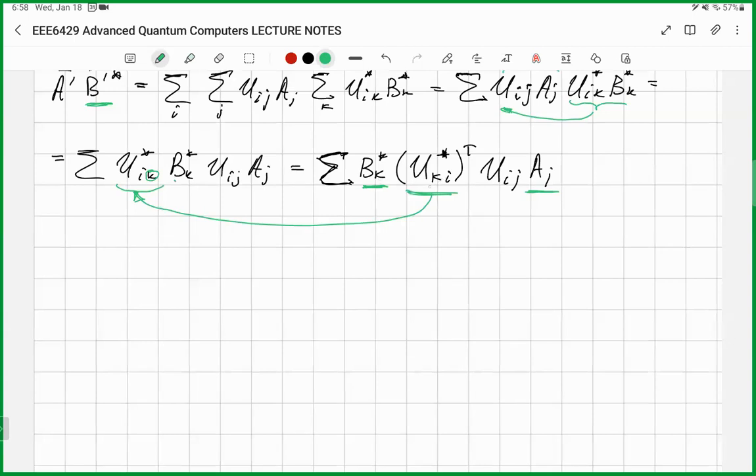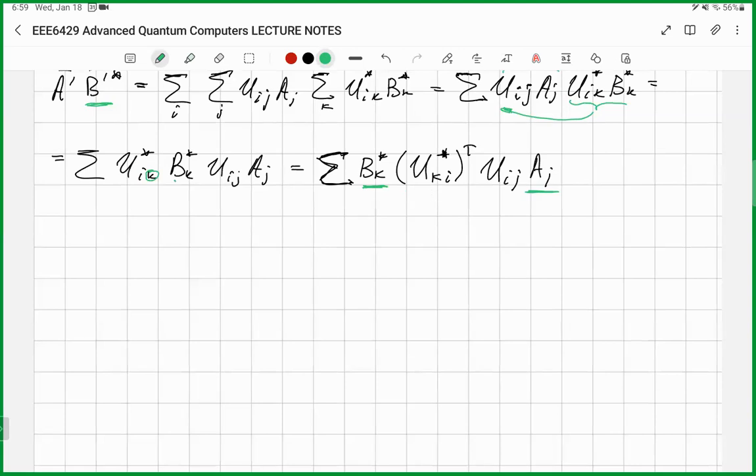So you have this k here and k here. Now this index k is on the first place. That's why I write the component of the vector first and then the matrix, to make this rule consistent. So this is basically a rewriting of the same thing, just taking the transpose of the matrix.